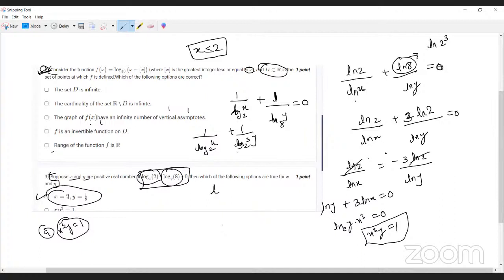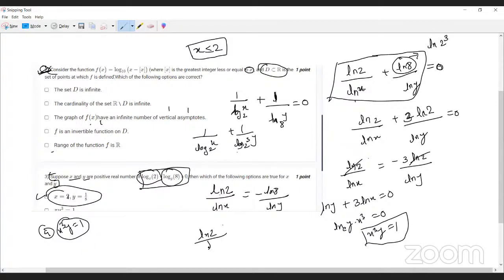From this equation, can I write ln of 2 upon ln of x equals 2 minus ln of 8 upon ln of y, then ln of 2 upon ln of 8 minus ln of x upon ln of y?